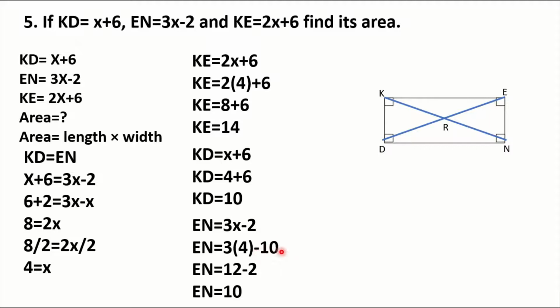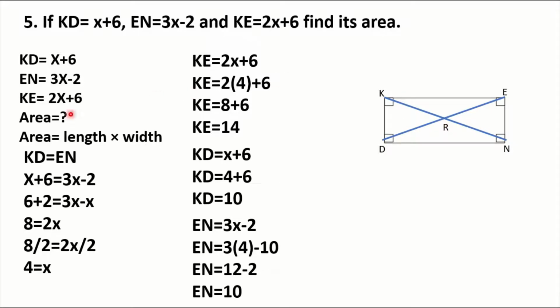Exaggerated answer yun eh, dapat 2 to, no? So, edit na lang natin. 3 times 4 minus 2. Okay? So, 12 minus 2 is equal to 10. Kanina sinabi na natin na 10 to, no? Kasi nga opposite side sila. Therefore, they are congruent.